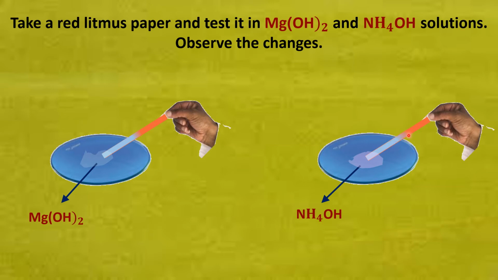So for sodium hydroxide, potassium hydroxide, magnesium hydroxide, and ammonium hydroxide, red litmus paper has changed to blue color. Whereas for HCl, H2SO4, HNO3 and acetic acid, red litmus paper remained the same. Whereas those solutions did change blue litmus paper to red, right? Now we'll see with blue litmus paper what happens for these two.